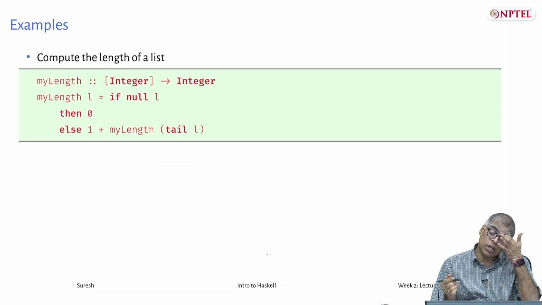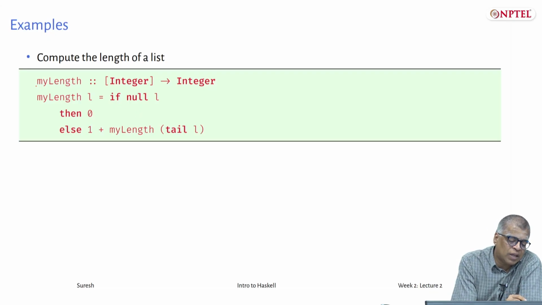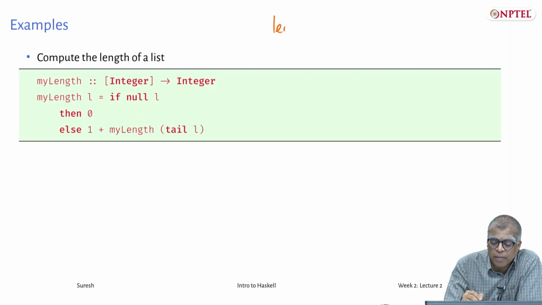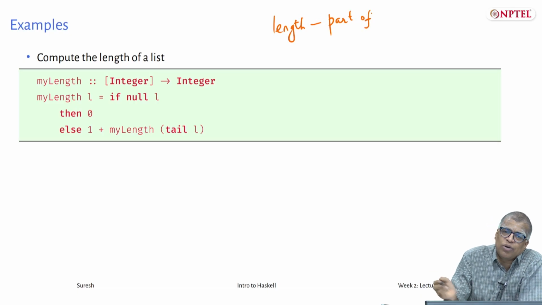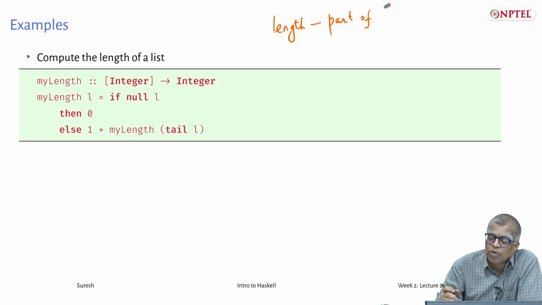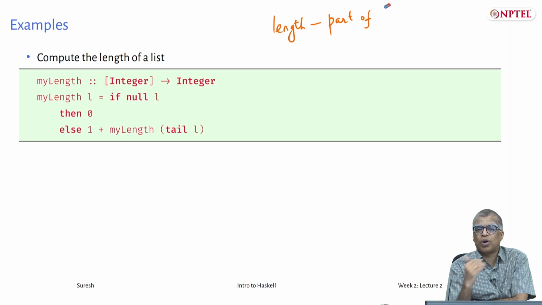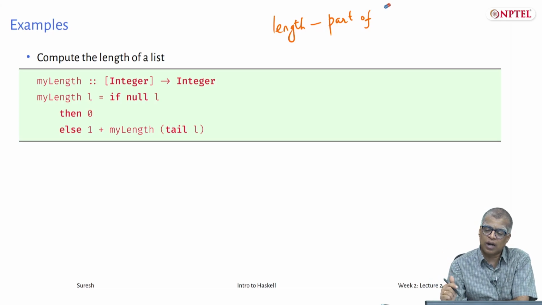I can consider another program which is to compute the length of a list. Once again I am saying my length because length is a built-in function. It's part of the standard library. So if you try to define length, it will complain that you are trying to redefine it, or it will let you define it, but when you try to invoke the length function on something, it will ask you to clarify which length you are referring to, your own length or the standard library length.